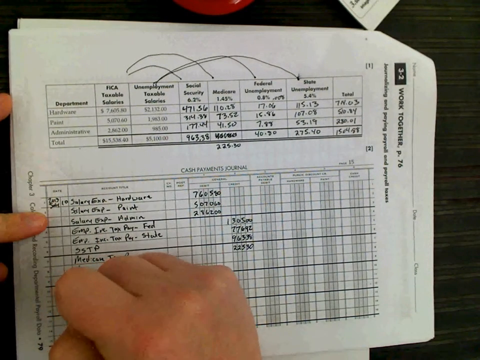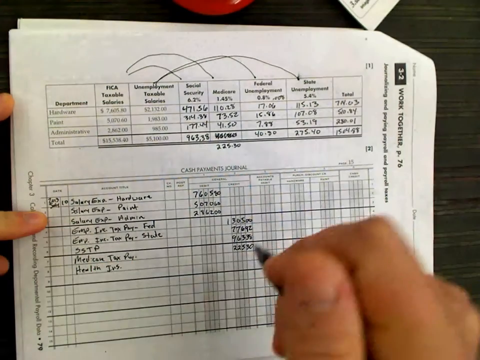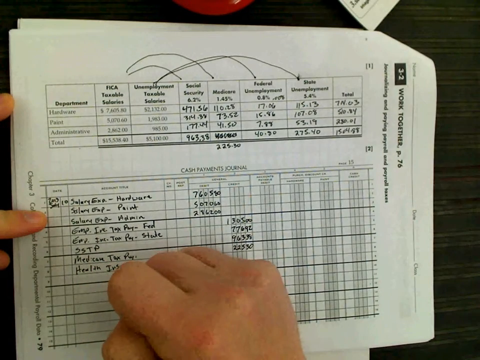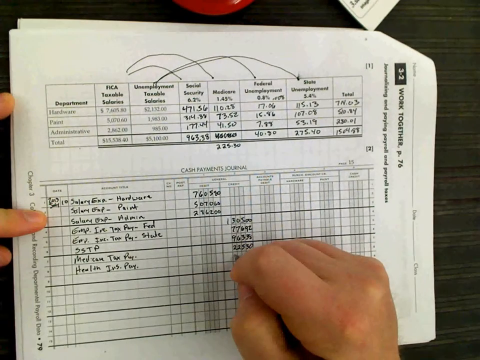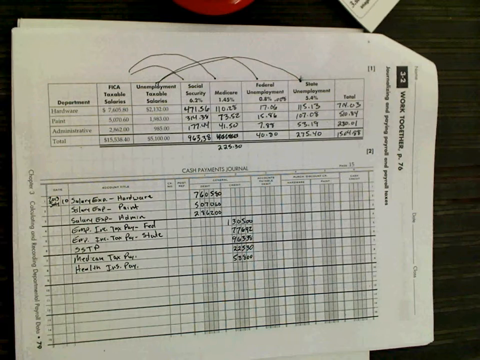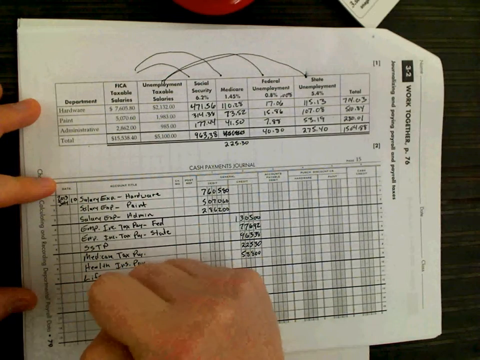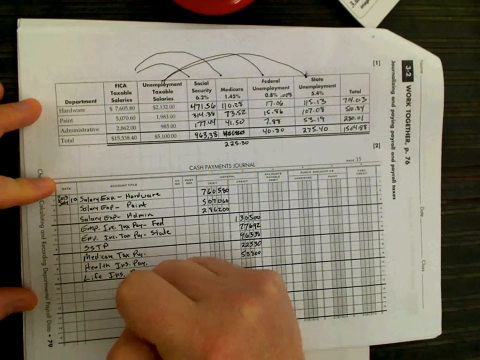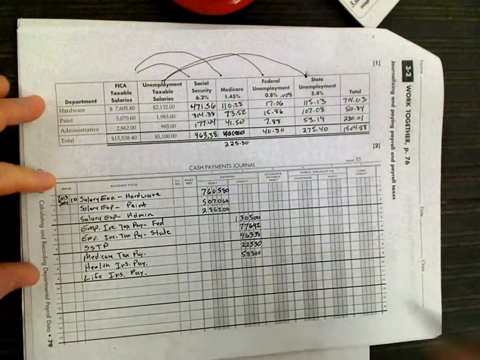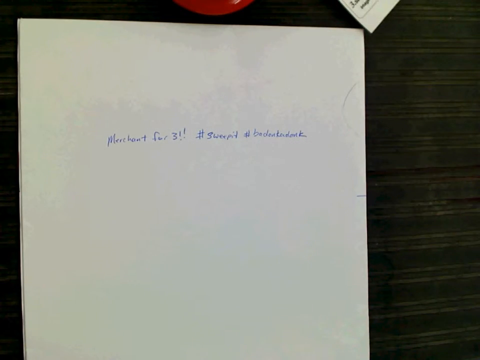Are all credits? No change. And then I've got life insurance payable, and that is $102.40.